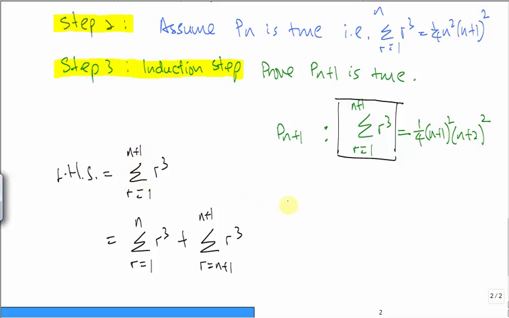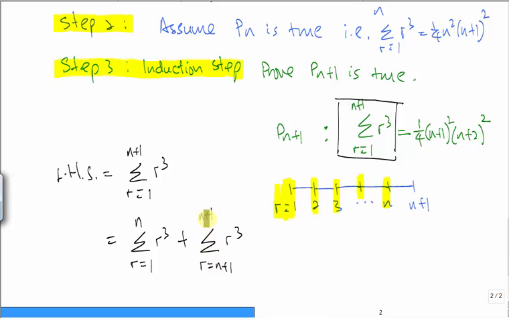Now these two expressions added up give you this summation because for this summation here, r starting from 1 to n plus 1 means r equal to 1, 2, 3, until n and n plus 1. This is the same as the summation of r cubed from r equal to 1 to n, that means we add up r equal to 1, 2, 3 until n, plus, because we're supposed to stop at n plus 1, I continue to add the last term, and the last term is n plus 1.